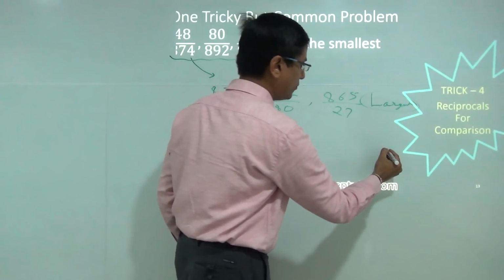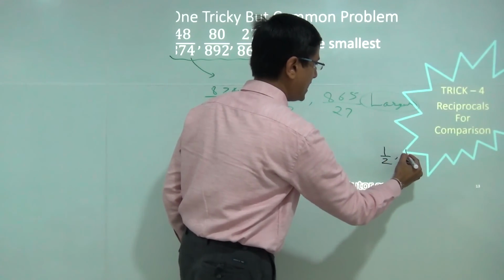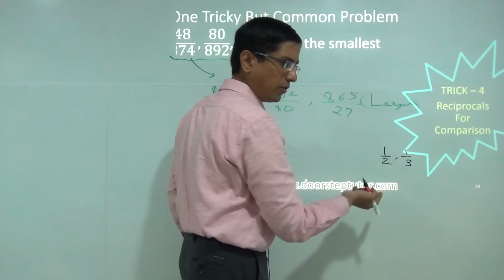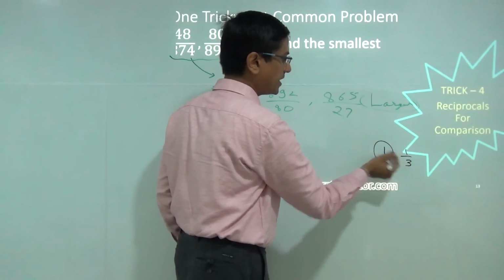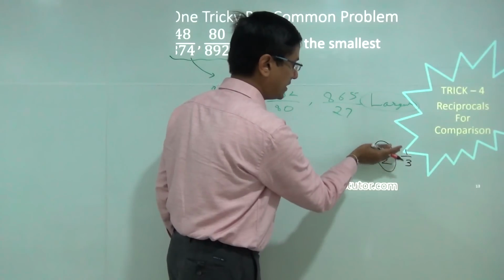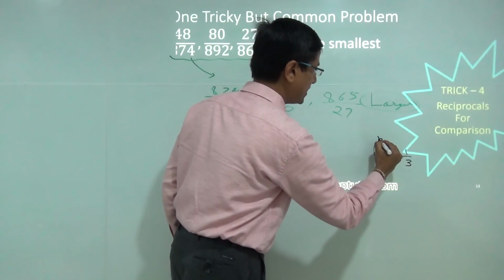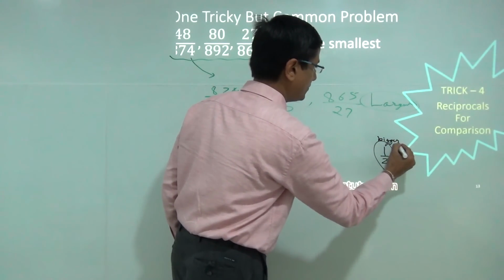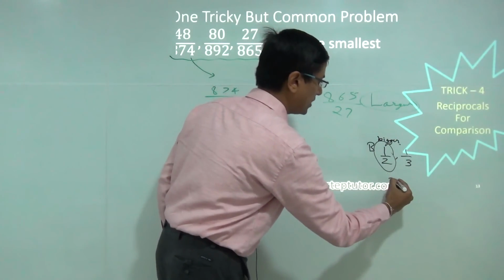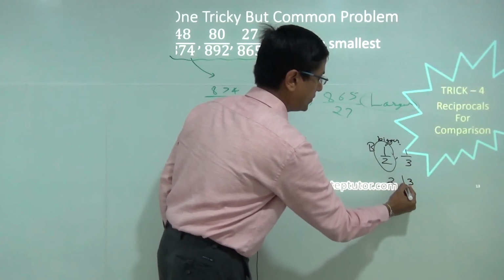So notice I have two fractions, 1 by 2 and 1 by 3. We already know that 1/2 is bigger than 1/3. On the other hand, if I invert the fractions, if I take the reciprocal, which is bigger?